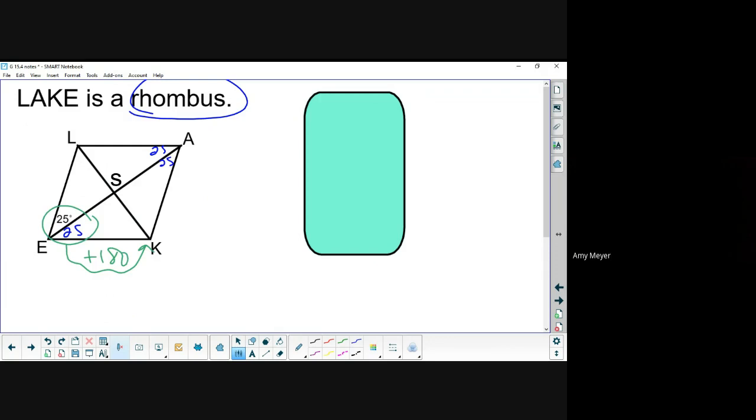So he's saying if this is 50, this whole thing has to be what? 180 minus 50, 130. What's half of 130 for each of these parts? 65. These will also be 65.